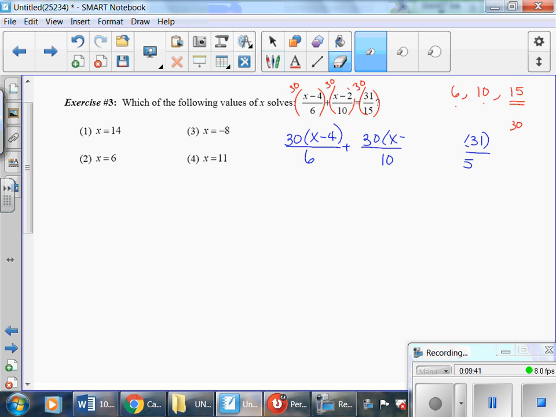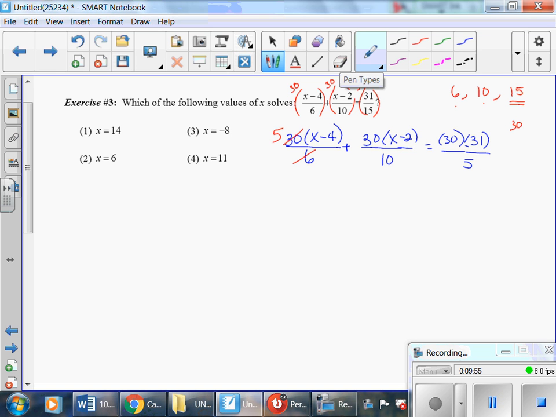Now the next step would be to do some simplifying. This is 5, so I get 5 times (x minus 4), plus this goes in 3 times (x minus 2), equals, this was a 15, my apologies, this goes in twice, so this is equal to 2 times 31, which is 62.